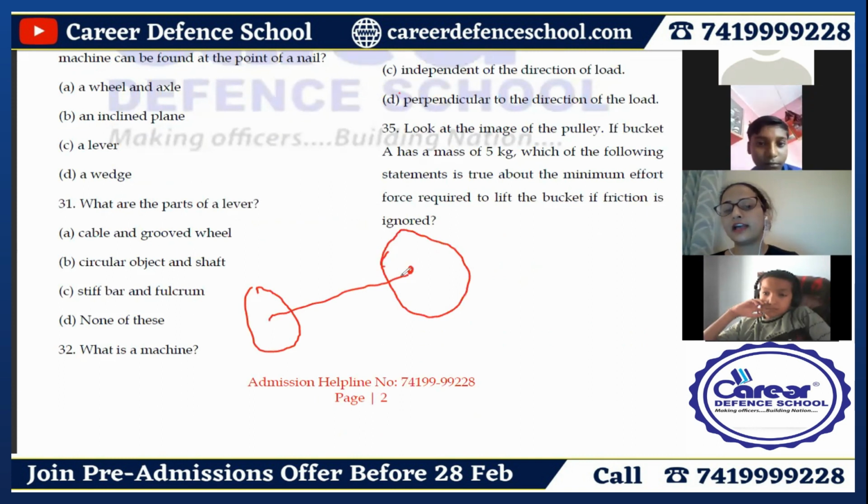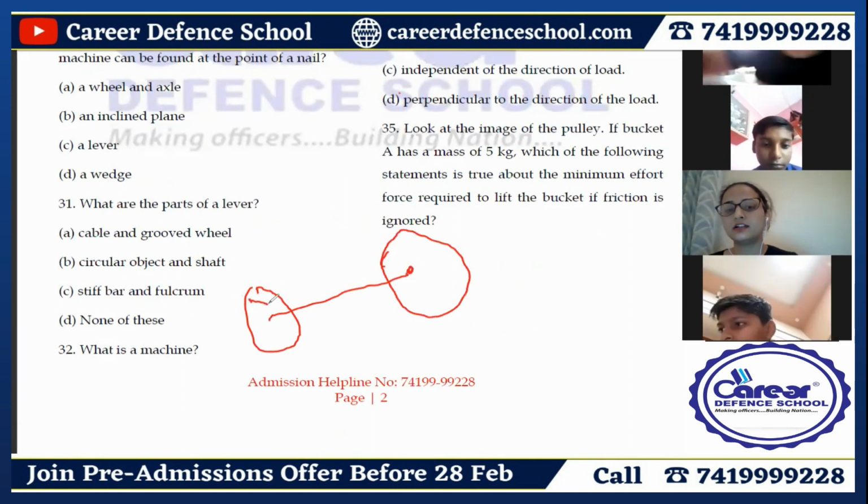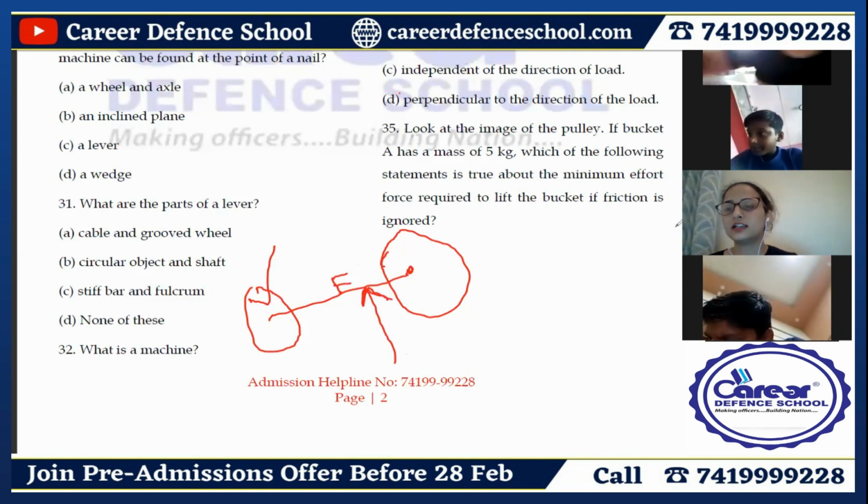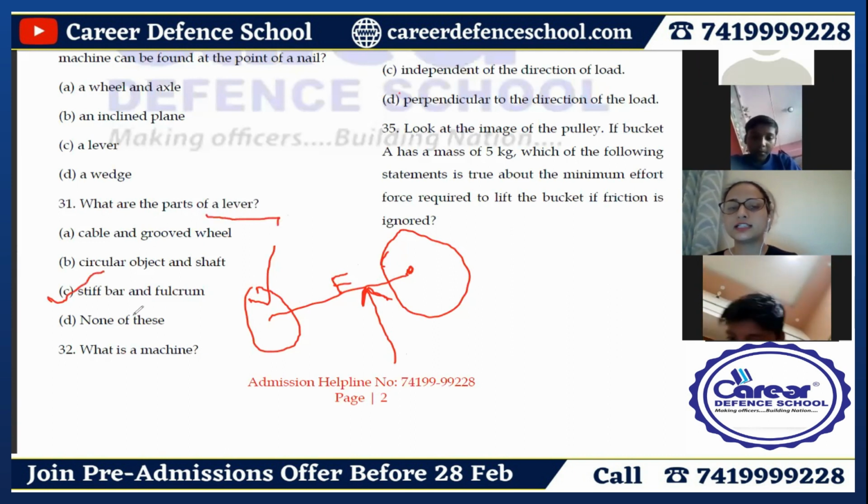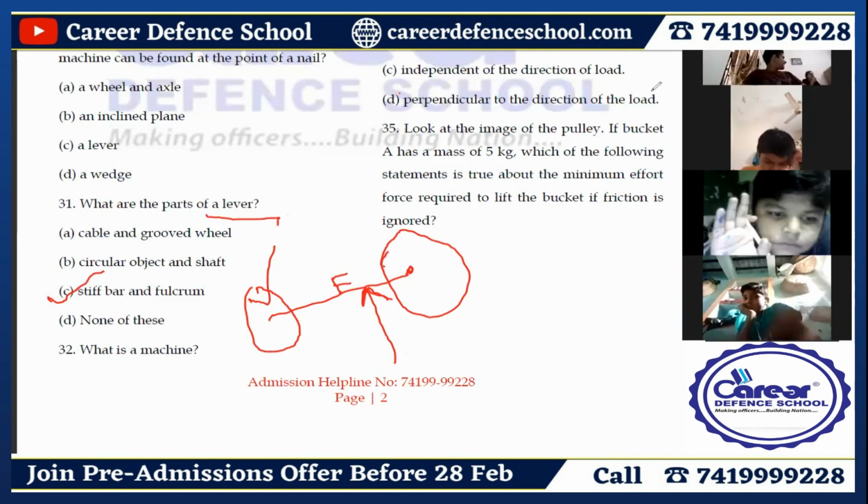So in this we have the stiff bar, the load, and a fulcrum, and we are applying the effort on it. So a stiff bar and a fulcrum is the example of a lever. Understood this question?